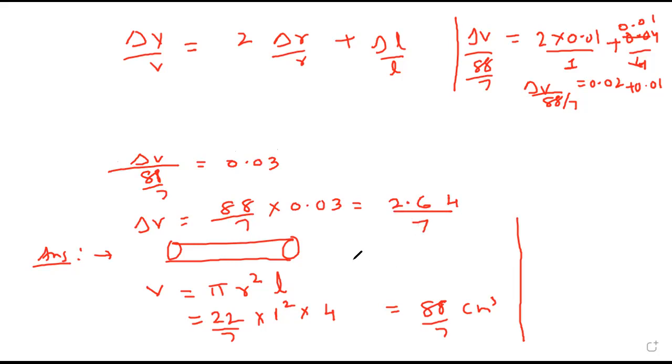So I got V as 88 by 7 and error in V as 2.64 upon 7.